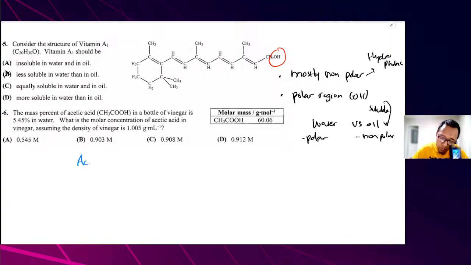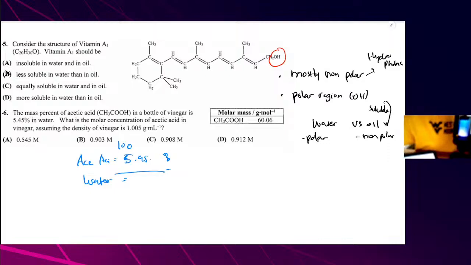Acetic acid is only 5.45, and then we need to know the water. Water is the remaining part. We assume we have 100, so 100 minus this one. Let's continue later on.